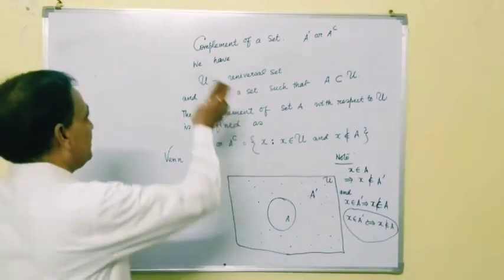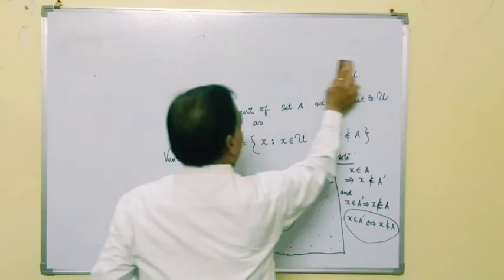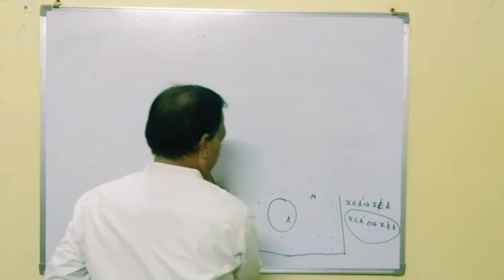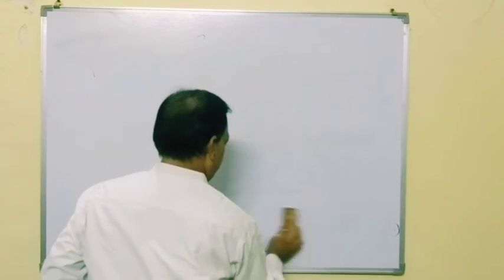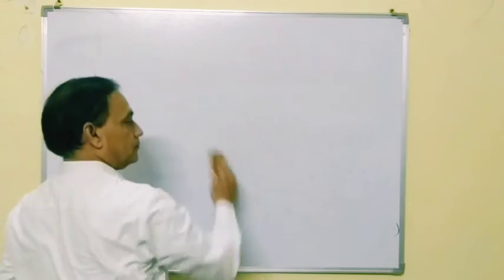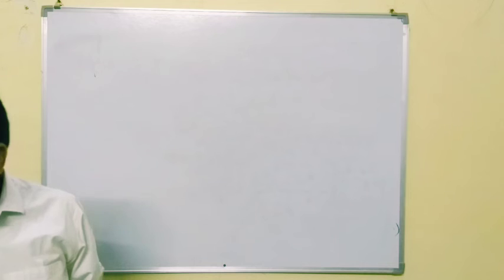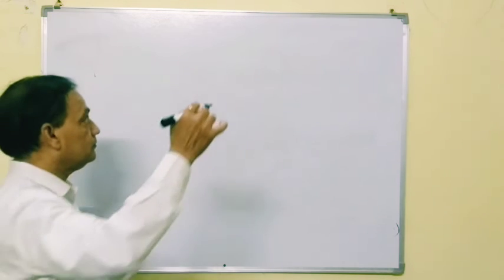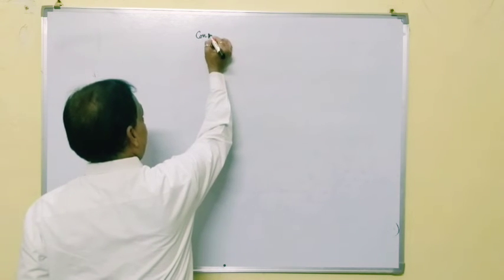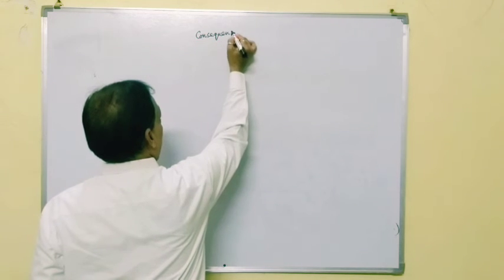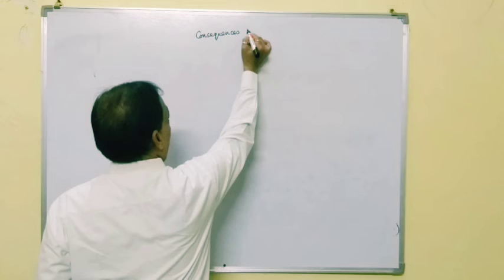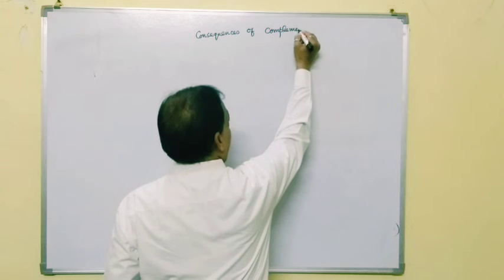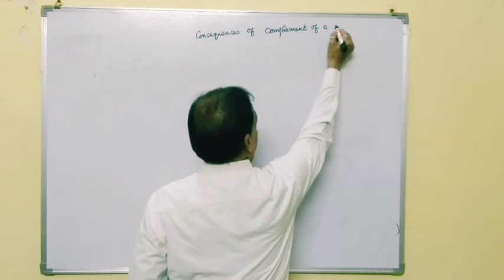So write down the consequences of complement of a set.